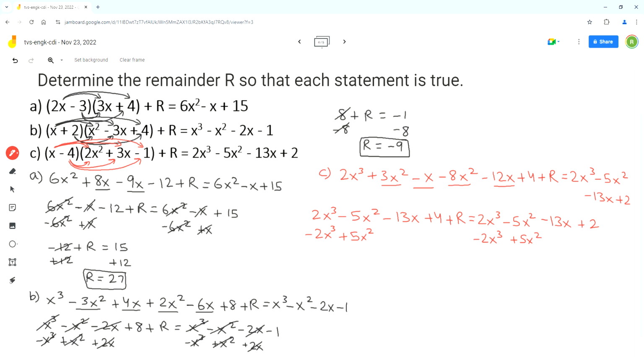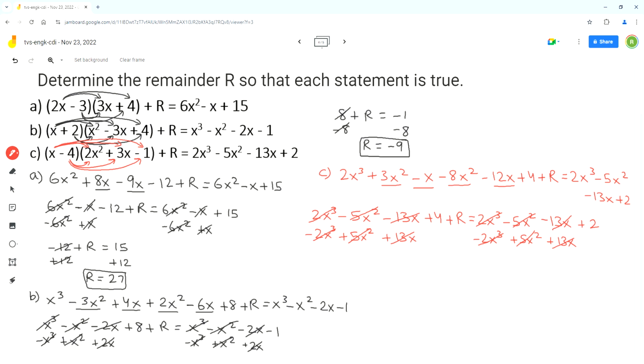We can combine the x terms by adding 13x to both sides. The x cubed terms get cancelled out. The x squared terms get cancelled out. And the x terms get cancelled out.